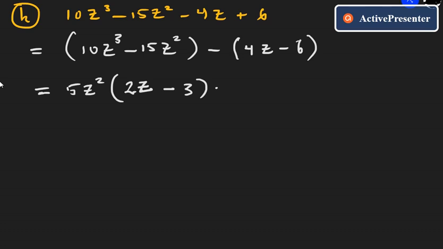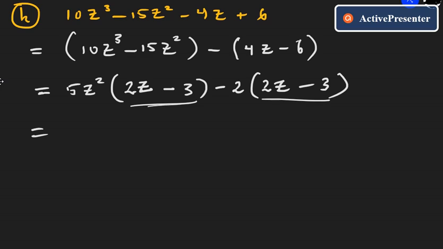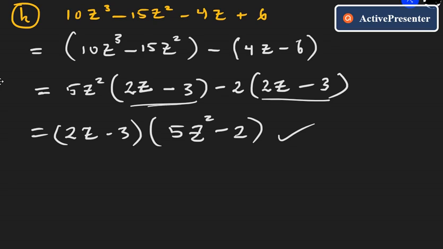Now take the greatest common factor here. If you put here minus 2, of course, outside, we would be left with 2z minus 3. So factor the greatest common factor again. We have here 2z minus 3 and here 2z minus 3. 2z minus 3 is outside, open parenthesis, we will be left with 5z squared minus 2, and your factorization is done for this question.